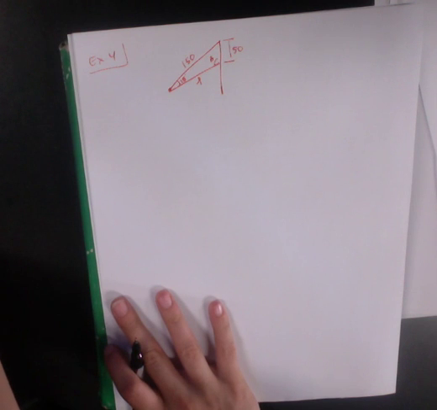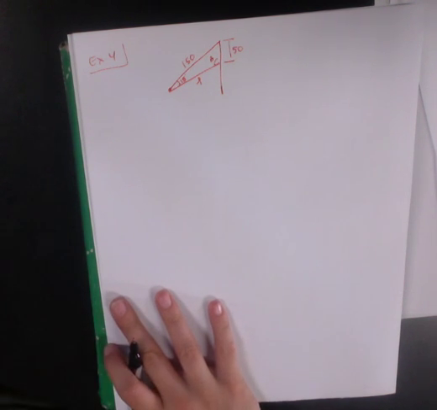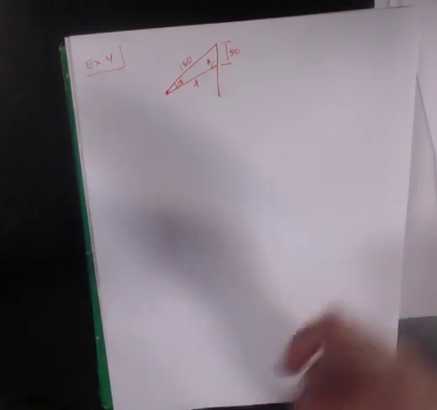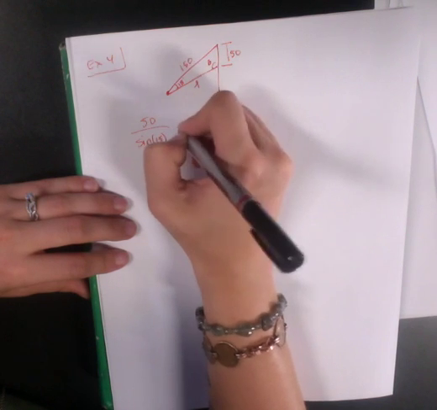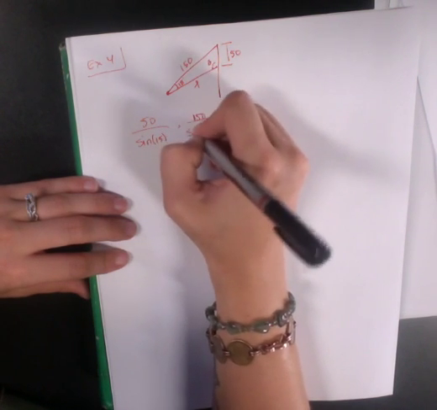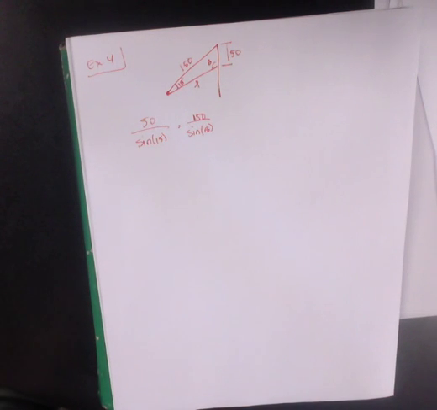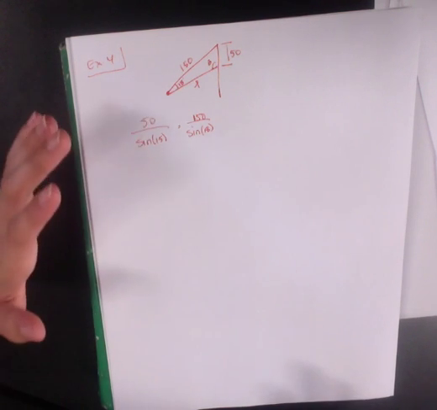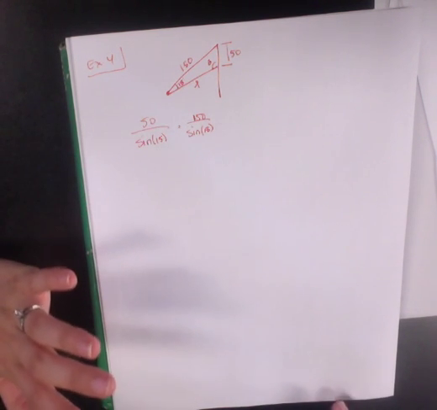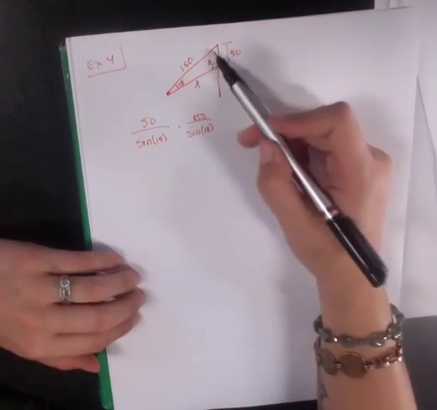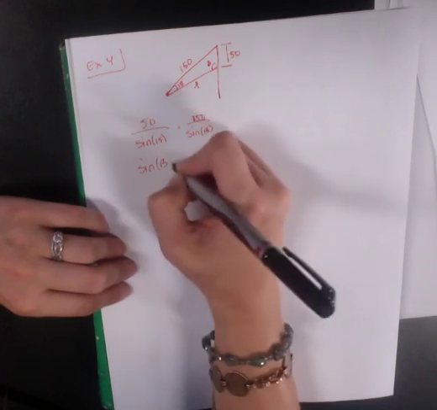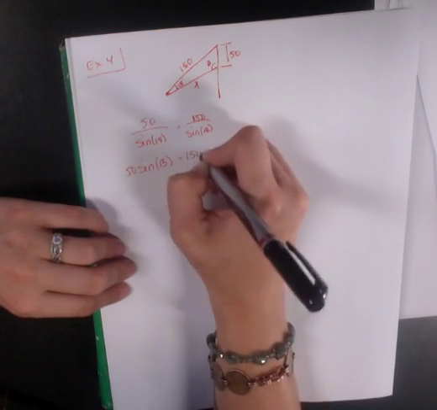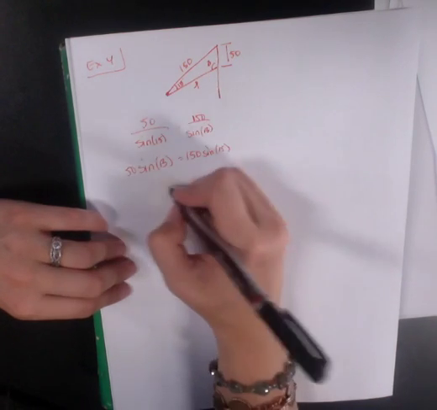We are first going to use the law of sines to find angle B. We can say that 50 over the sine of 15 is 150 over the sine of B. We do this so that we can then use the law of sines to solve for L, because we don't have an angle pair with L. This gives us that 50 sine of B is 150 sine of 15.